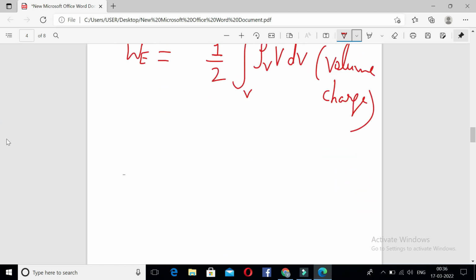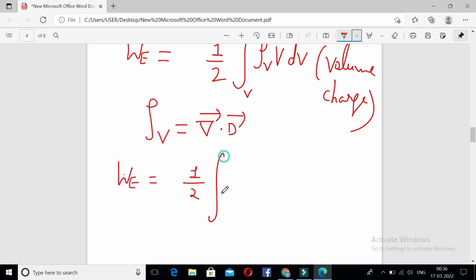Now we know, using Gauss law, rho V is equal to del dot D. So W is equal to 1 by 2 integral of (del dot D) V dV.